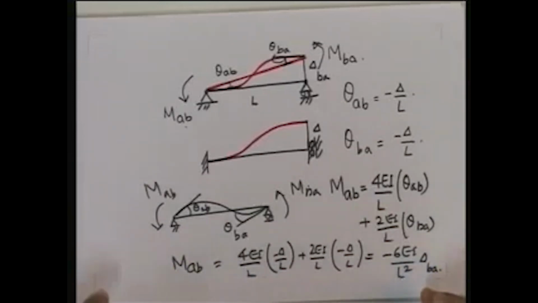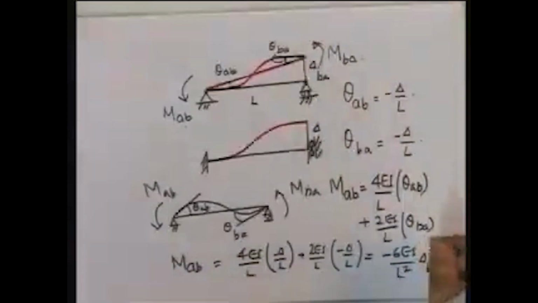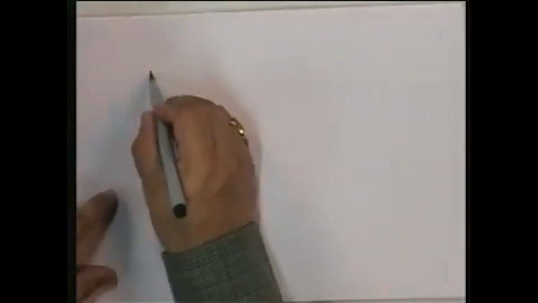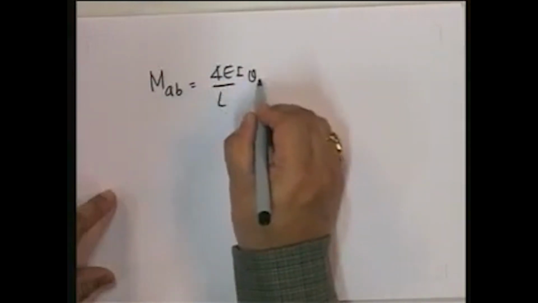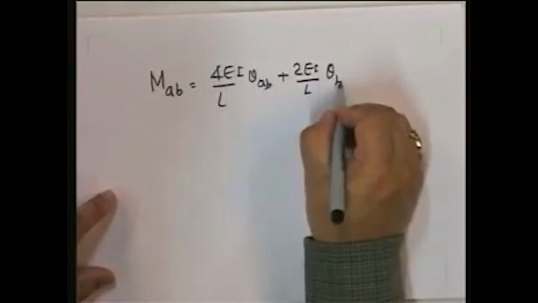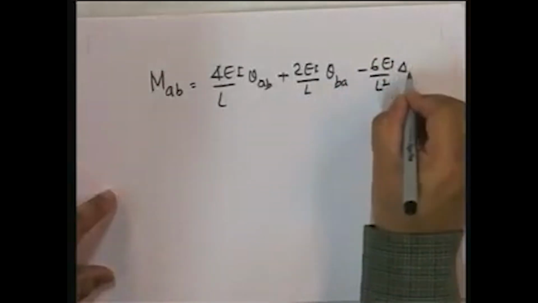So that means if I substitute all these factors, which is a theta AB, a theta BA, and a delta, if we put all those factors in, okay, if I have theta AB, theta BA, as well as delta, then what would be my MAB? I just add all of them up, and when I add all of them up, what do I get? MAB is equal to 4EI upon L theta AB plus 2EI upon L theta BA minus 6EI upon L squared delta BA.